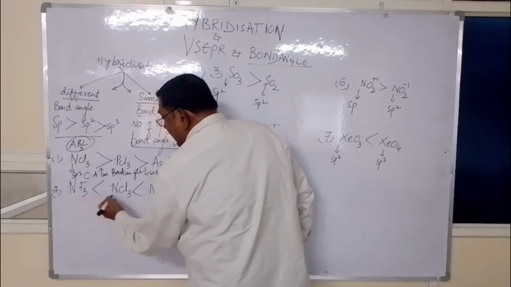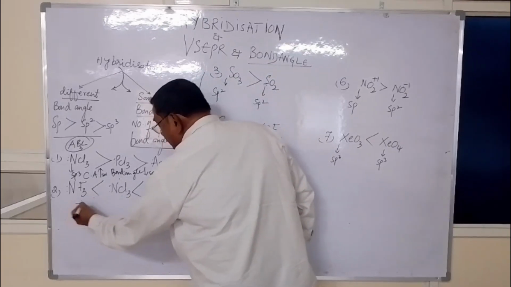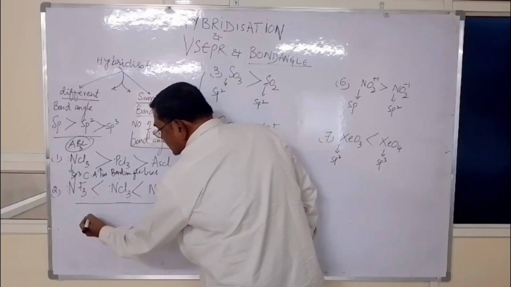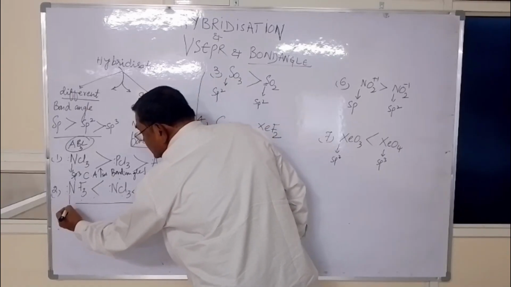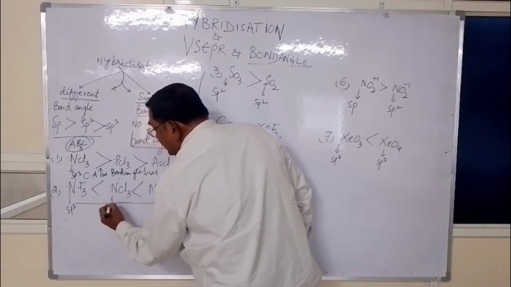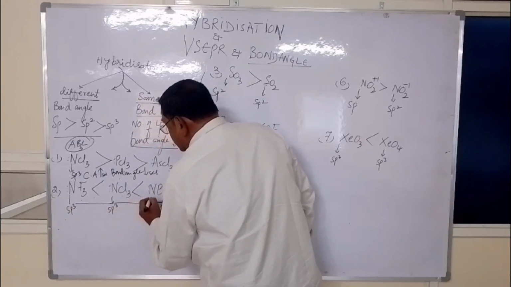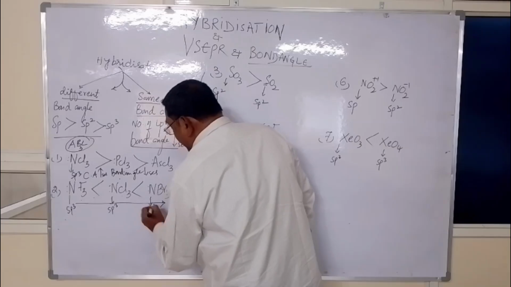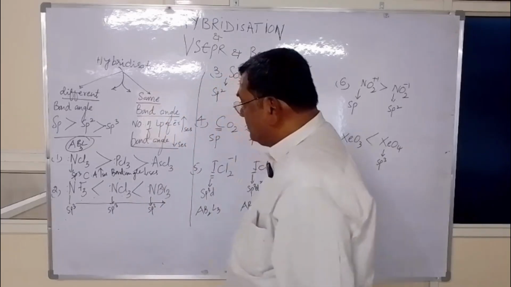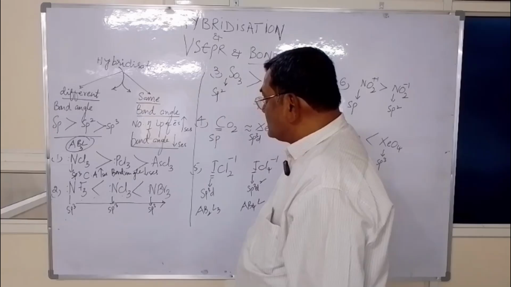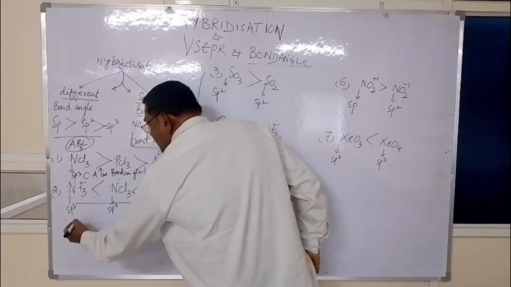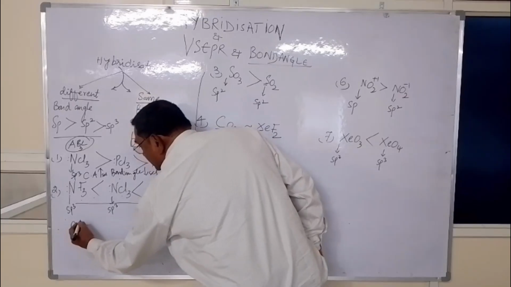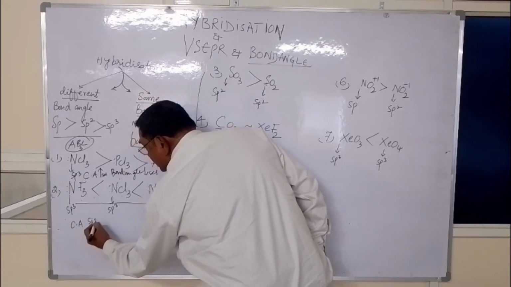So when the bonded atom size increases, the bond angle also increases. In all cases the hybridization remains the same, because it has one lone pair, sp3 only. Followed or not?